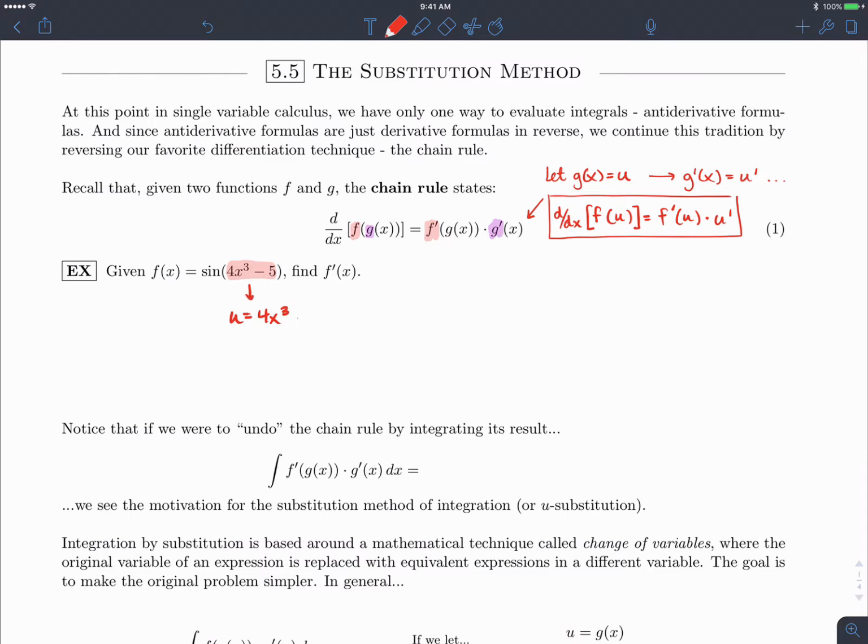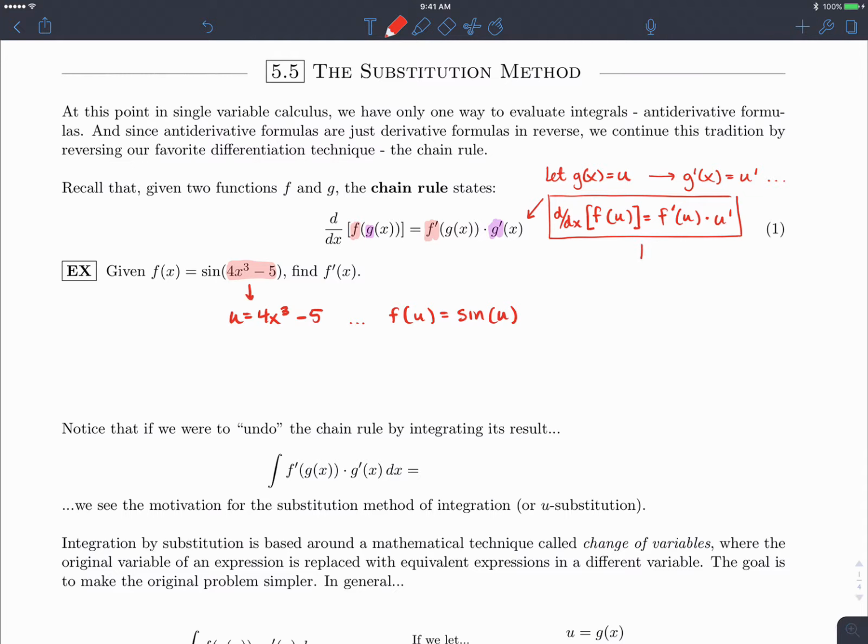equal to 4x cubed minus 5. Now what this leaves us with is f of u is going to be the sine of u. So in place of that 4x cubed minus 5, we've replaced it with u.